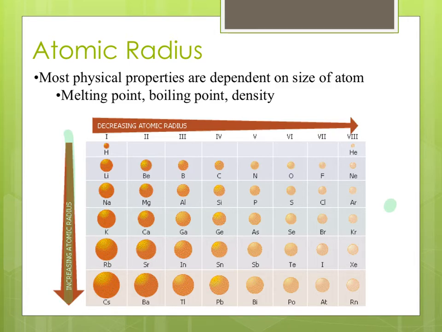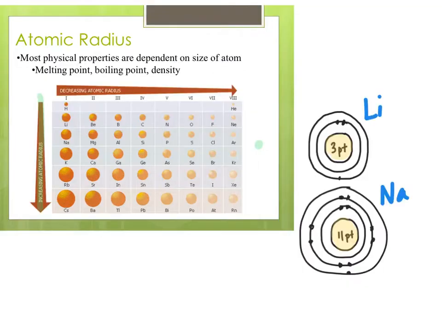So if we quickly just look at the trend from lithium to sodium as we move down that column, we know from last unit that lithium has two energy levels, so 2 electrons on that first energy level and 1 on that second, where sodium has 2 on the first, 8 on the second, and then 1 in that third energy level.